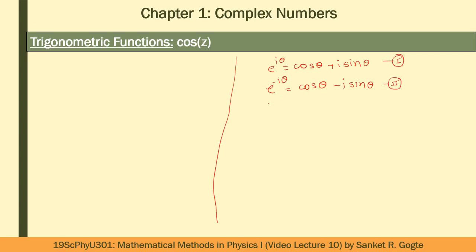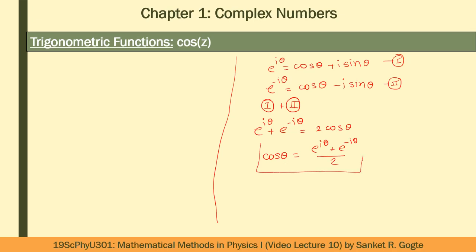To define cosine z, now I will add the two equations, 1 plus 2, which will give me e to the power i theta plus e to the power minus i theta is equal to 2 cos theta, and therefore cos theta can be written as e to the power i theta plus e to the power minus i theta by 2, in terms of the exponentials by using Euler's formula.